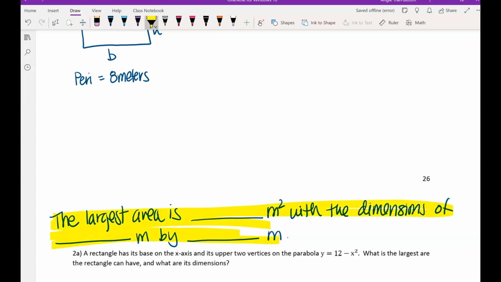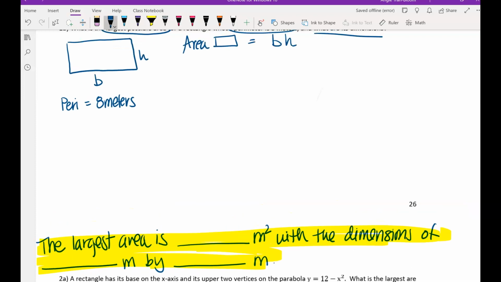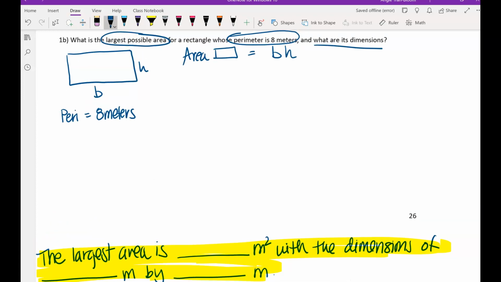So what should you do? Similar to example 1a, you want to start with area equals base times height, rewrite it with one input. So let's say you pick b, and no, it doesn't matter. Then you're going to keep b here and substitute h. Where are you going to get your h?